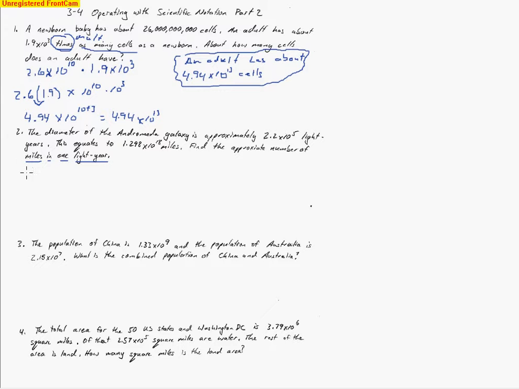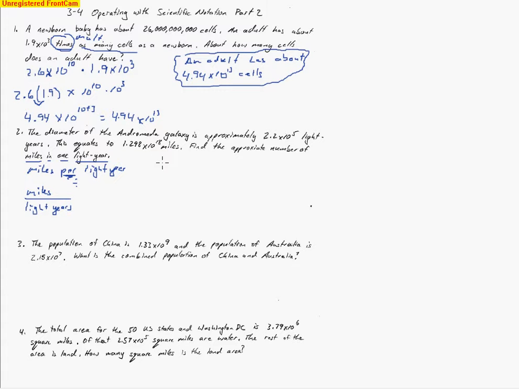I could rewrite this another way. They could have said miles per light year, because per light year means just 1 light year. When we see that word per, that means we're going to end up dividing. Another way to write that would be miles over light years. Now I'm going to set up my problem as this fraction.